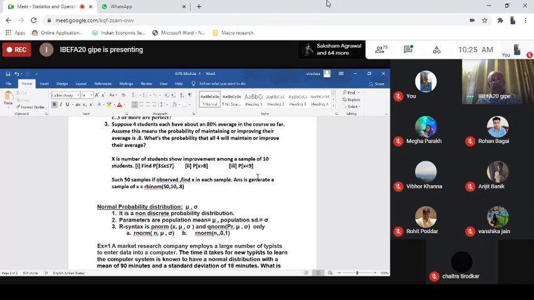Suppose if I choose 50 groups of 10 students, what is the sample value of X? Do you follow the objective?